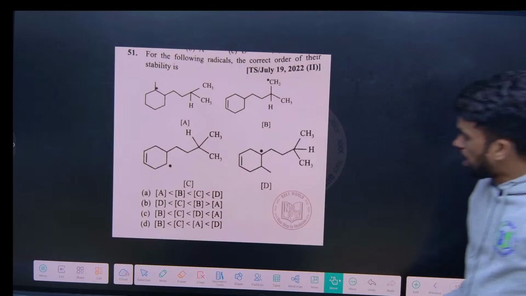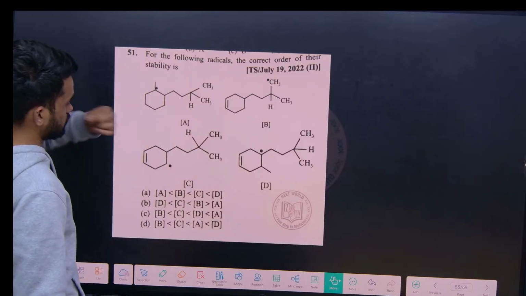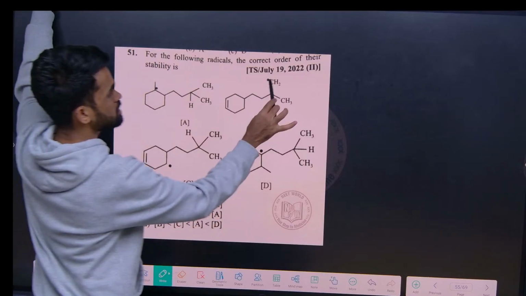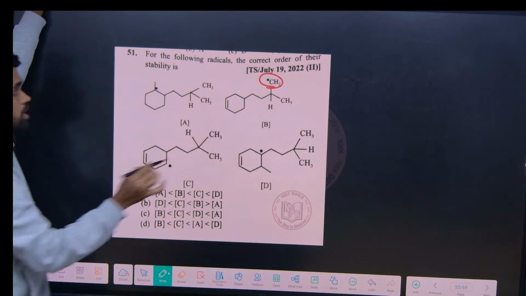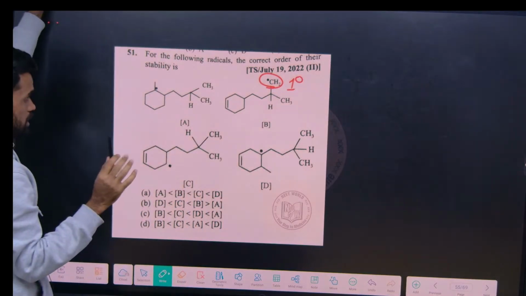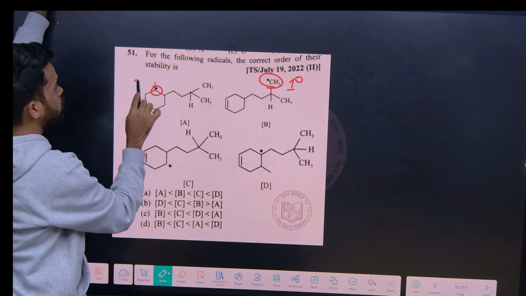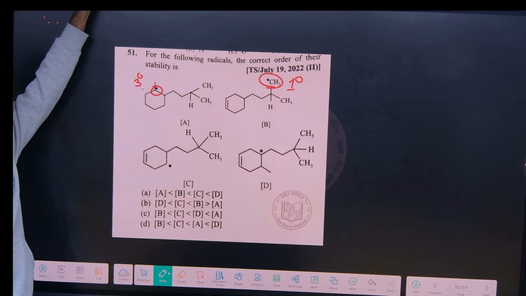D. Why? Like, I want the order. See, this is a primary radical, not in conjugation with anything. Okay, it means primary radicals we know are relatively less stable. Let us check. This is a tertiary radical, we know tertiary radicals will be more stabilized when we compare with the primary.